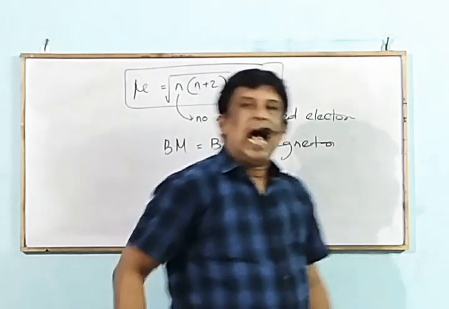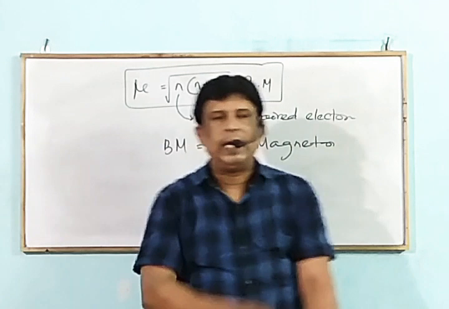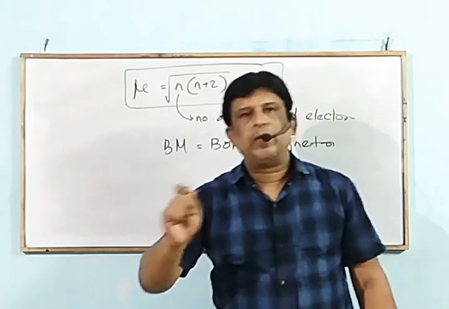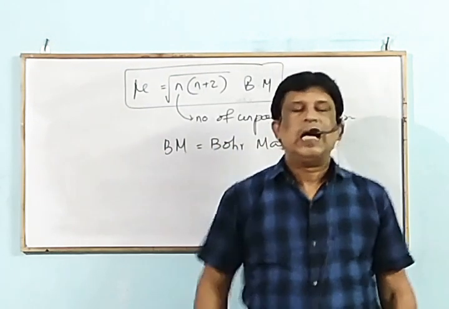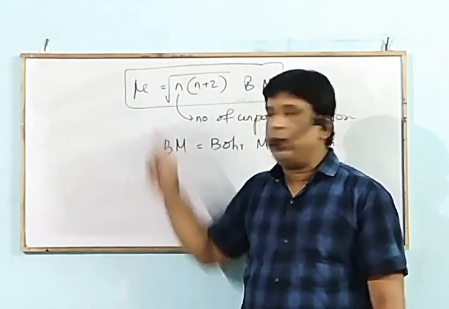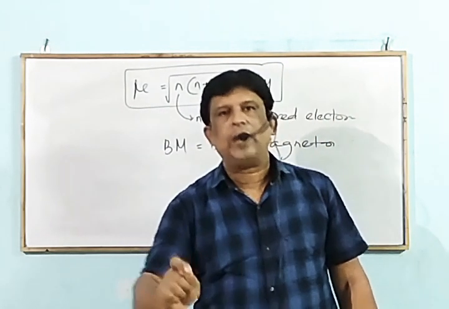That means the higher the number of unpaired electrons, the higher the magnetic moment mu, which indicates a higher paramagnetic character.